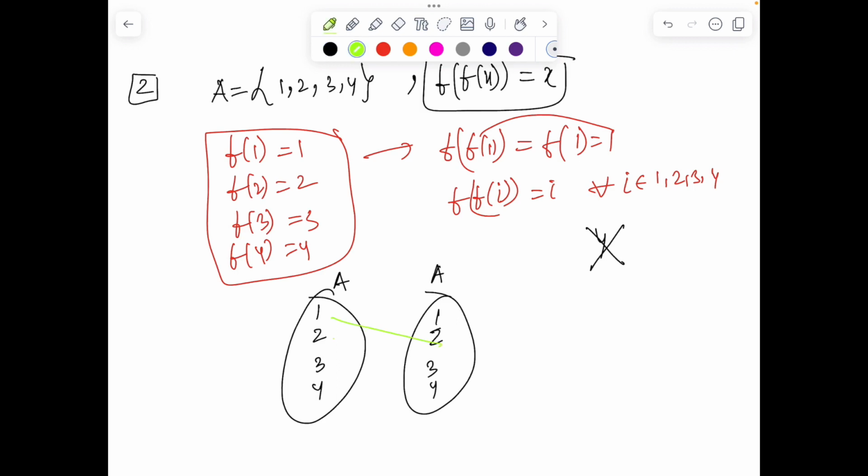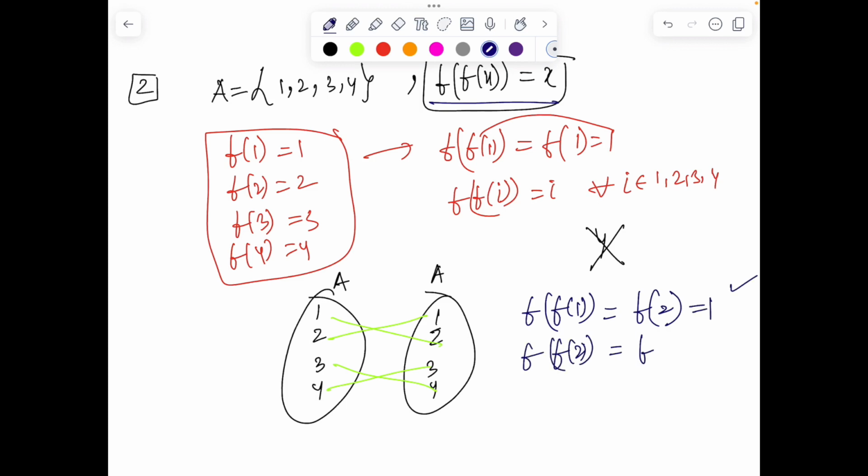1, 2, 3, 4, 1, 2, 3, 4. It might happen that 1 is going to 2 and 2 is going to 1, 3 is going to 4, 4 is going to 3. Under this condition also we have f of f of x equals x for all elements. For example, f of 1 is 2 and f of 2 is back to 1, so it's correct. What about f of 2?